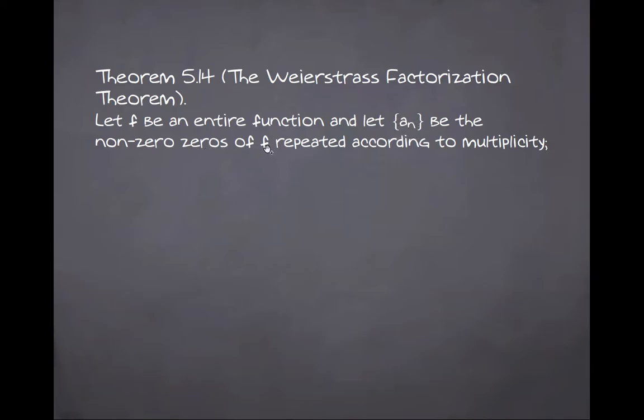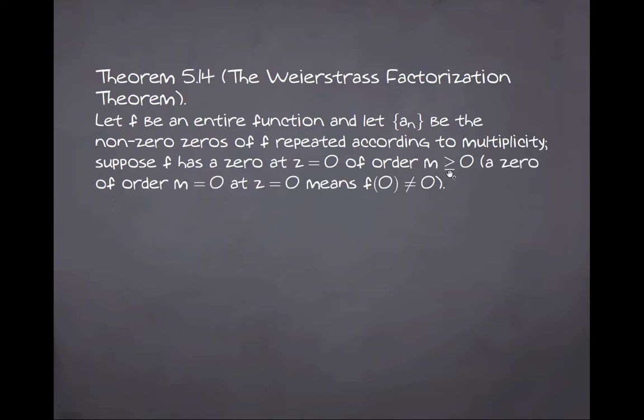The a_n are non-zero complex numbers at which f is 0. And suppose f has a zero at z equals 0 of order m greater than or equal to 0. Now we know a zero of order m greater than 0, but what about equal to 0?